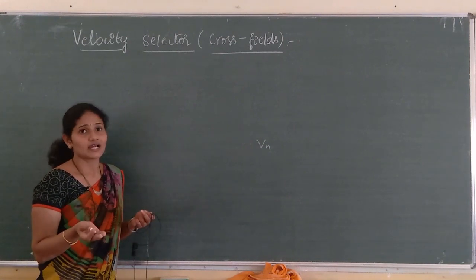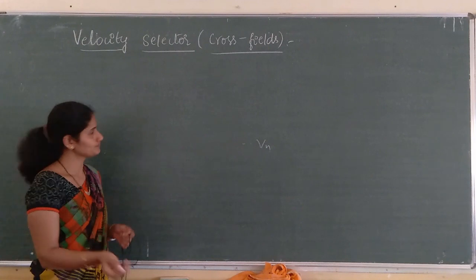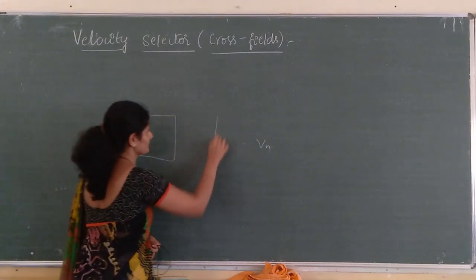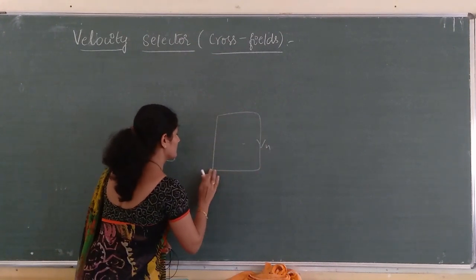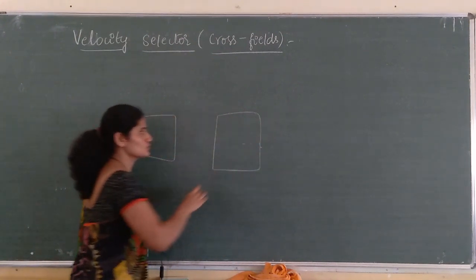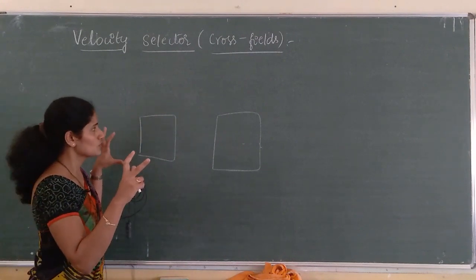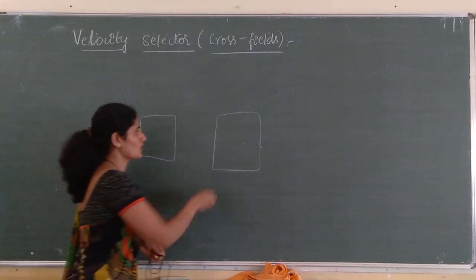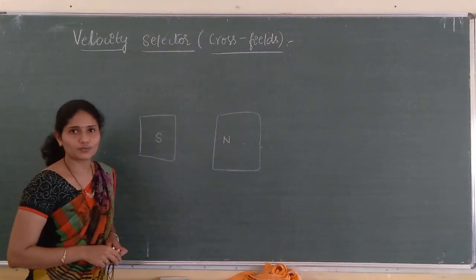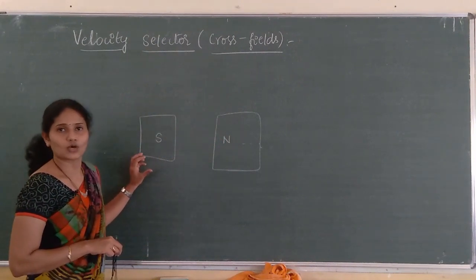We can create magnetic field by placing two pole pieces of magnet. Just imagine that we have two pole pieces of magnet, one is N and the other S, north pole and the south pole.